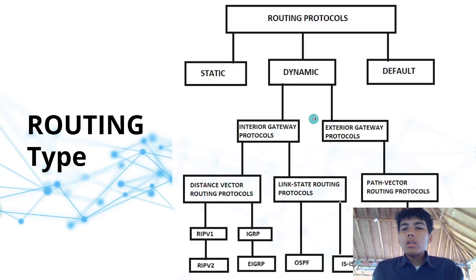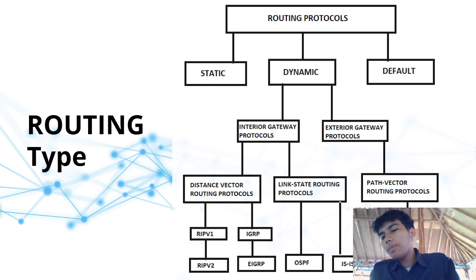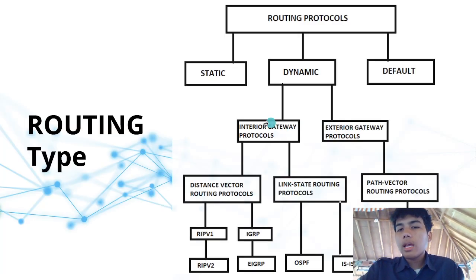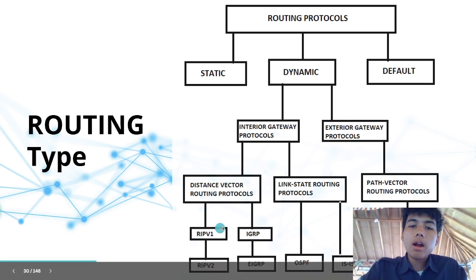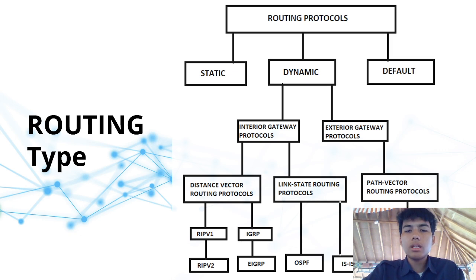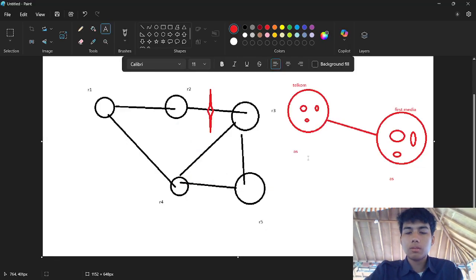In exterior gateway protocols, we have path vector routing protocols, which use BGP. If you want to connect from one AS to another AS, you need to use BGP. But in interior gateway protocols, you need to use RIP, EIGRP, OSPF, and IS-IS, with the path chosen by distance vector, link state, and hybrid.